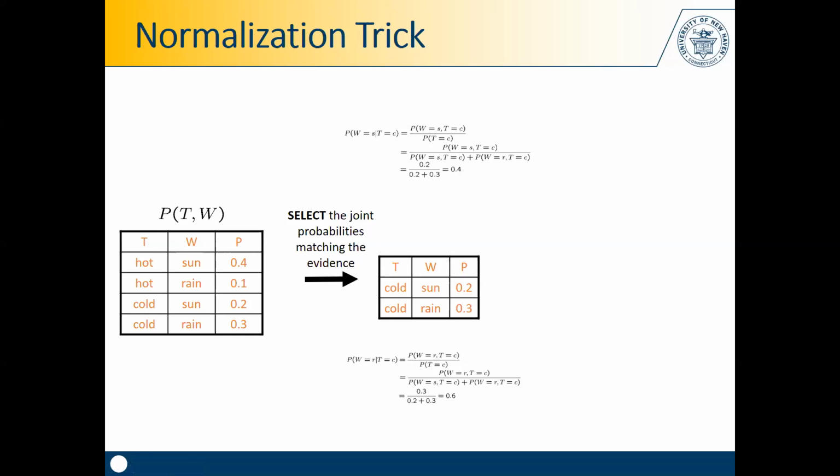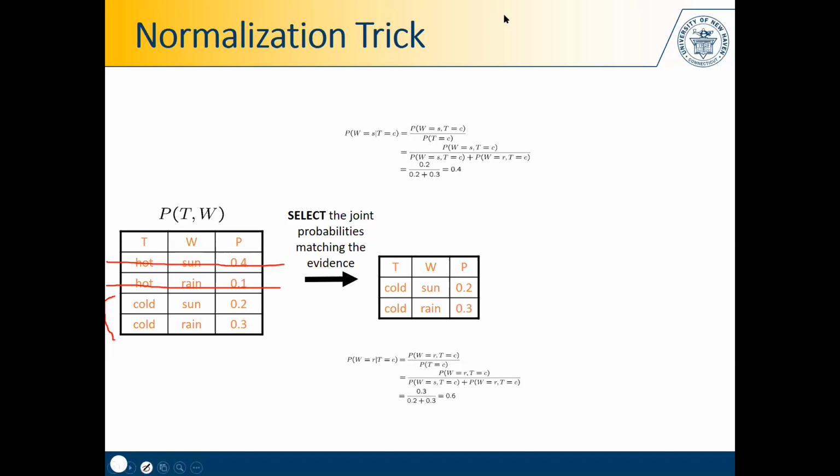How did we get to this table? Just to make sure that you're all following. The probability of temperature being cold, we have cold down here, and the two possible assignments of W, sun and rain. Now that we are talking about one particular assignment of this variable, we can just forget about these two rows in the joint distribution table.